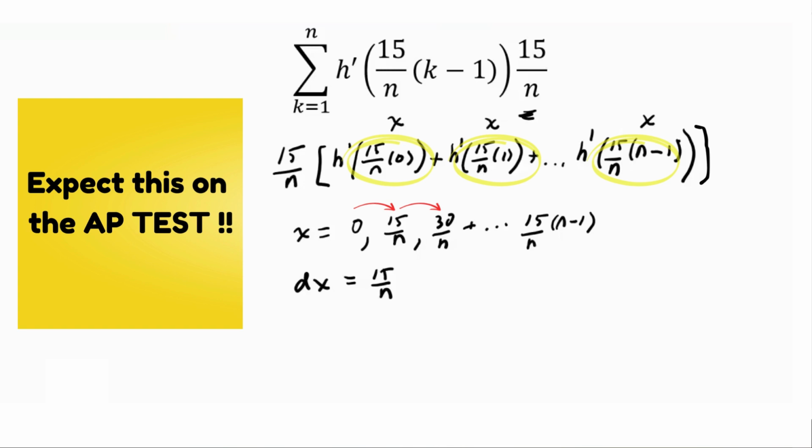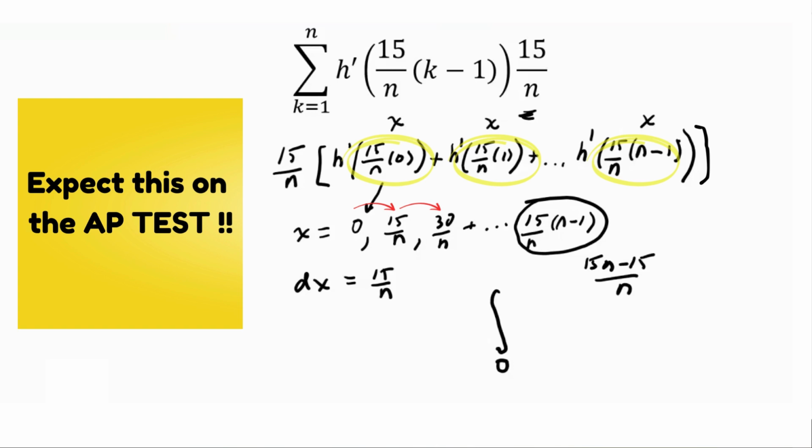Okay. Well, what else do we know? Well, we know that the first term here is 0, right? So what's happening, if we set up our definite integral, we would have 0 as our first, the lower limit of integration. And then what's happening at the end? Well, if you took this n term and you multiplied that out, you get 15n minus 15 over n.